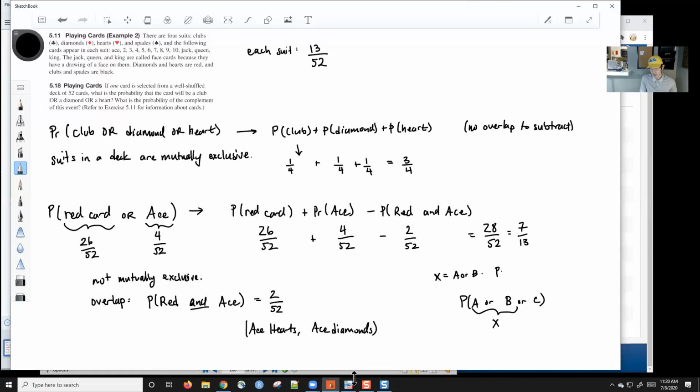The probability of X is the probability of A or B, which is the probability of A plus the probability of B minus the overlap. Sorry, not probability of C, the probability of A and B.